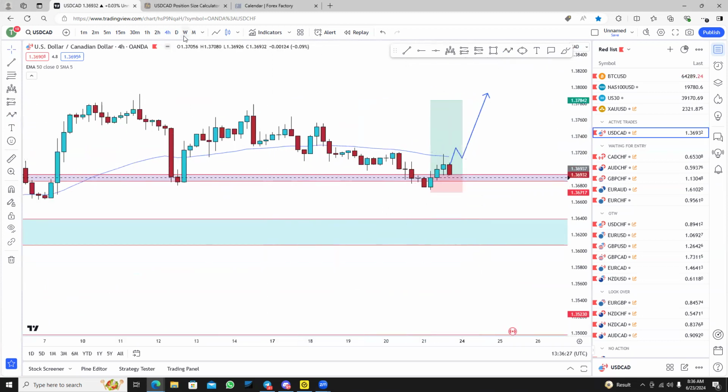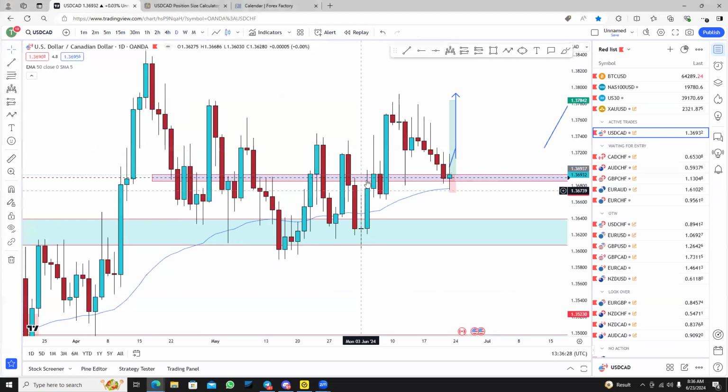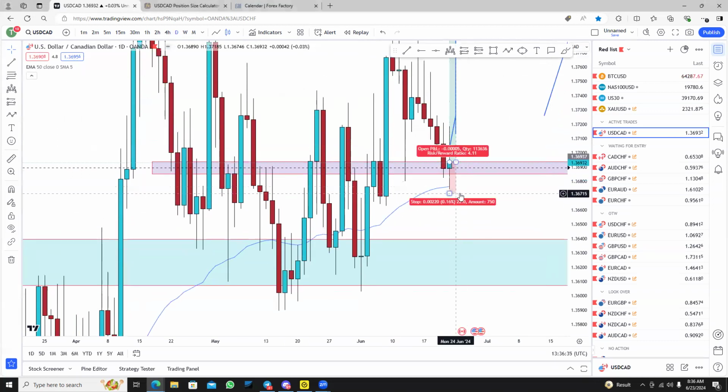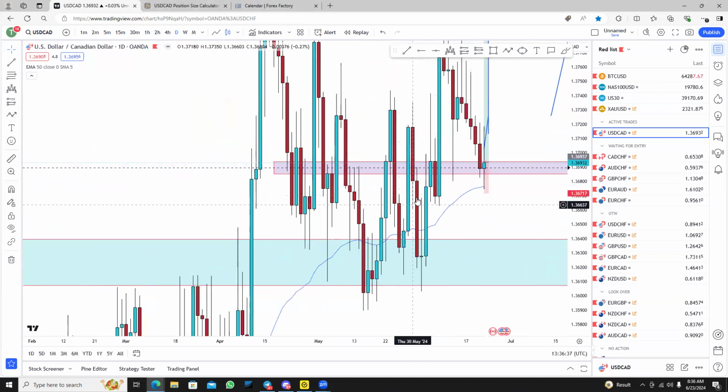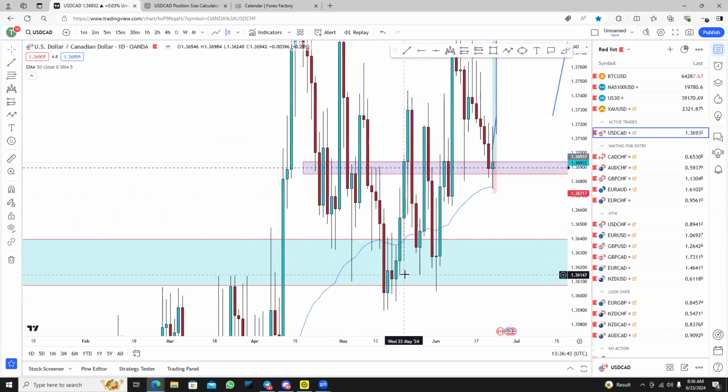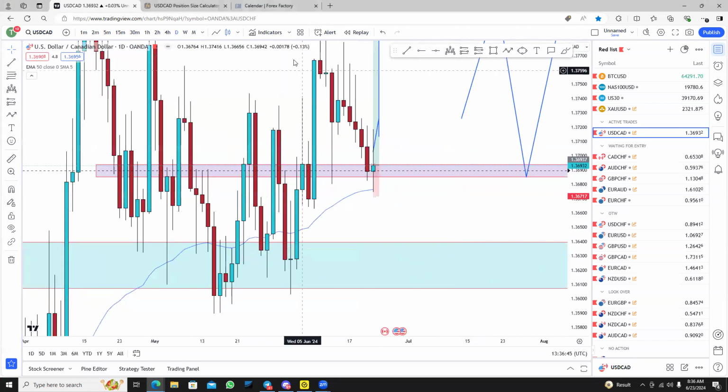This is my daily area of interest, that purple line. Here my stop loss is below the daily EMA. And how I make sure this is my area of interest, you got to see 1, 2, 3. And I have 3 stops in there, or point hits.